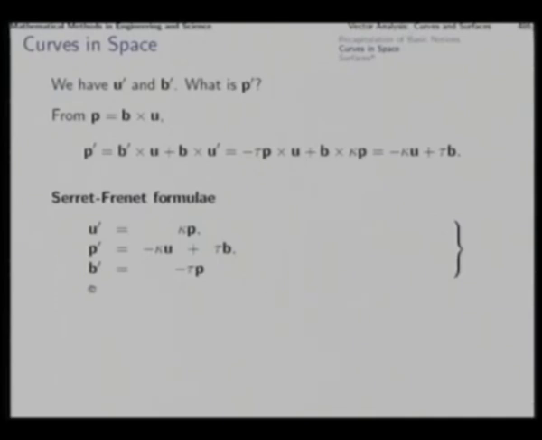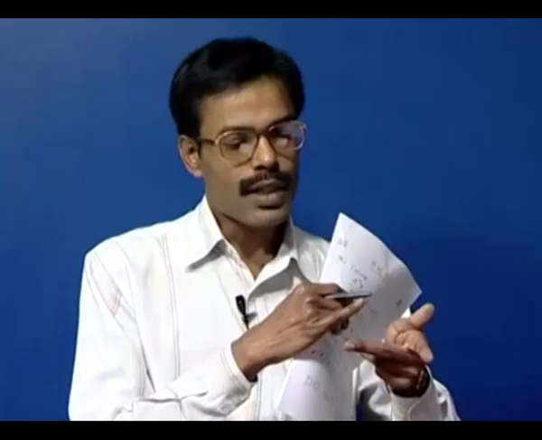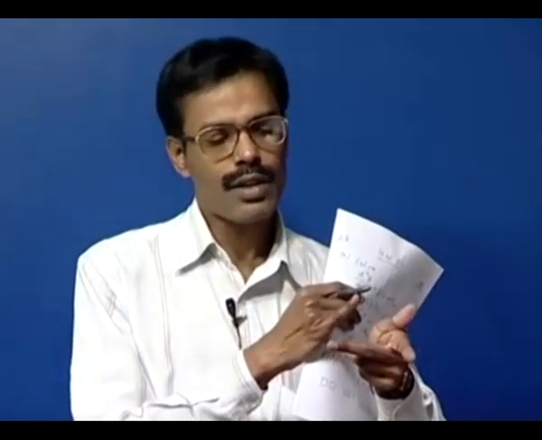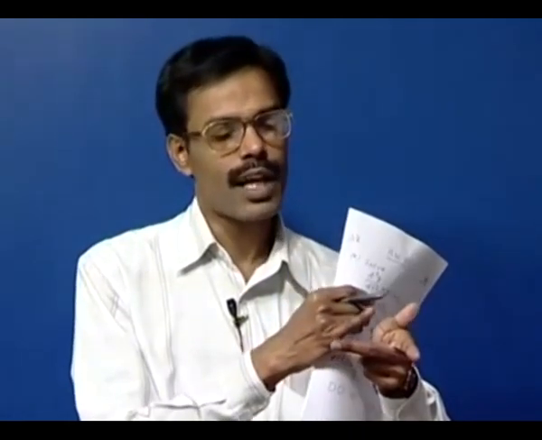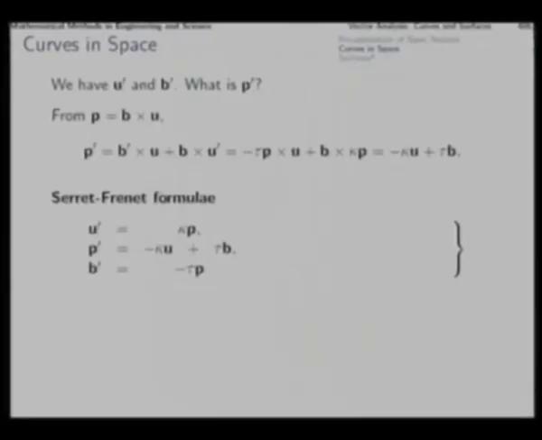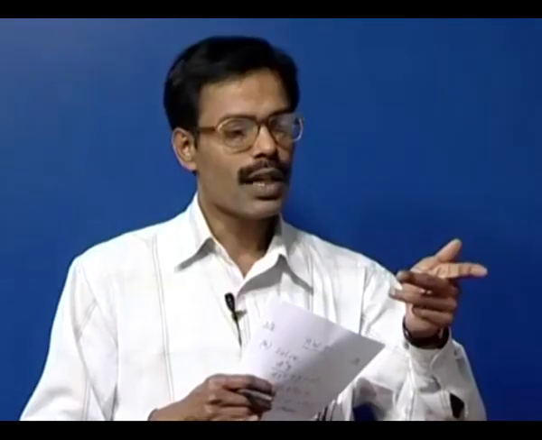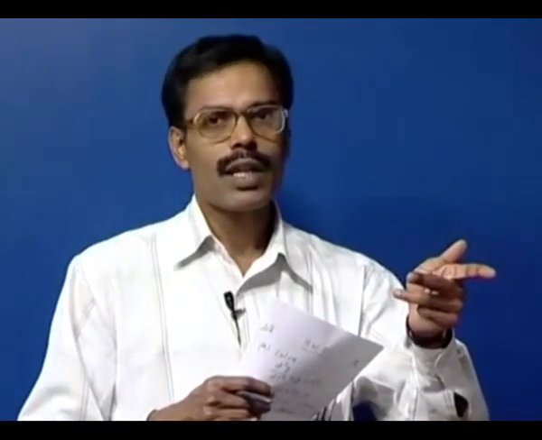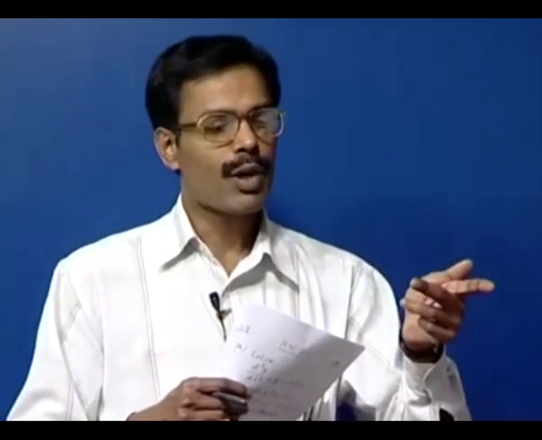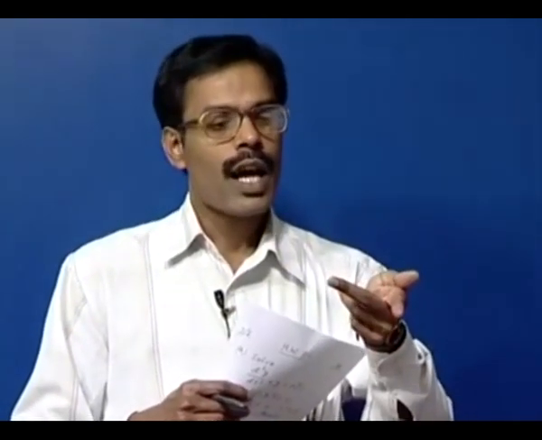So, the initial triad is given, and from these formulae you can find out the rate at which they change, that is for a very small distance ds travelled along the curve, you know how these will change, the du, dp and db you can work out, and with that knowledge you can effect those little changes in u, p and b and proceed to the next point along the curve.